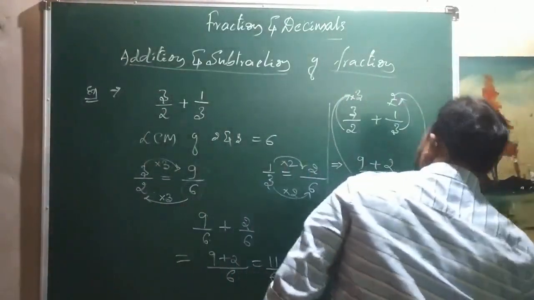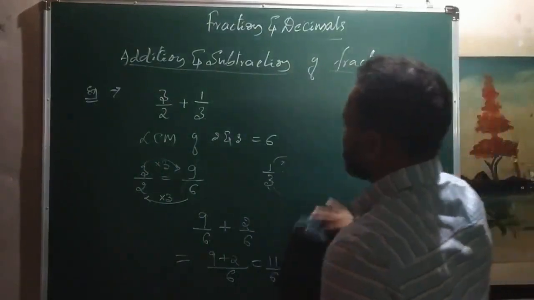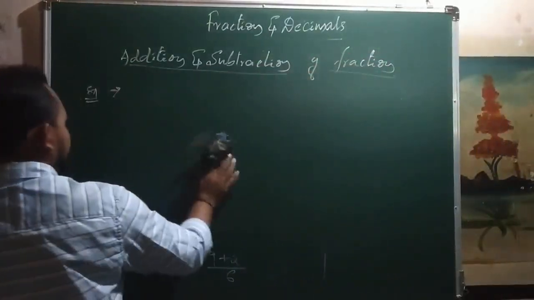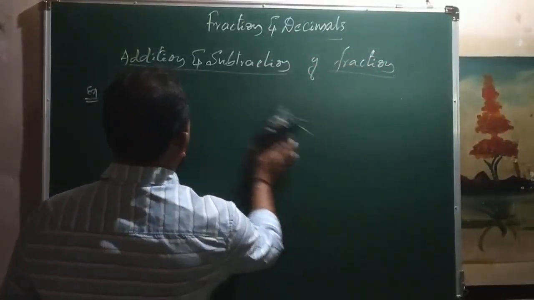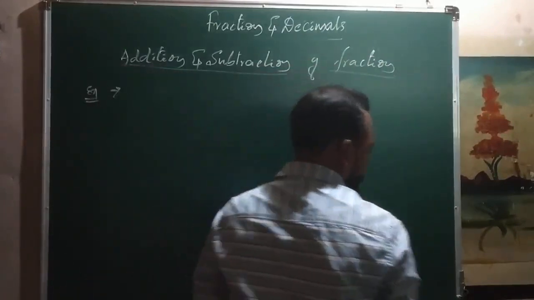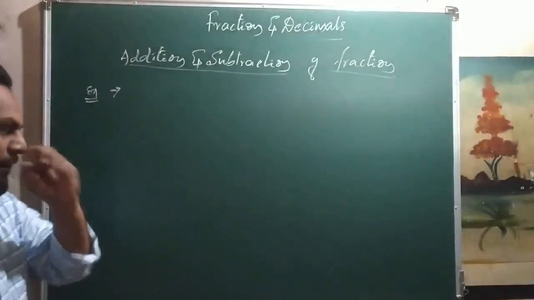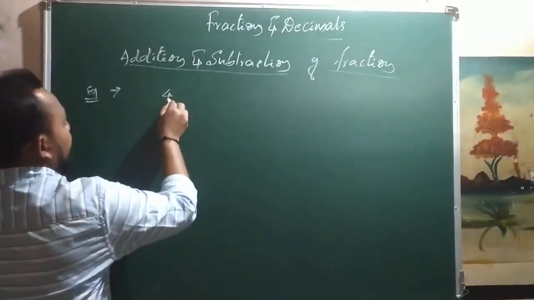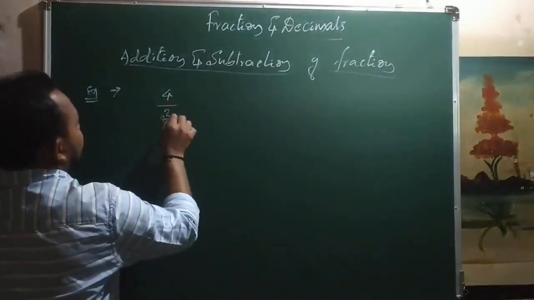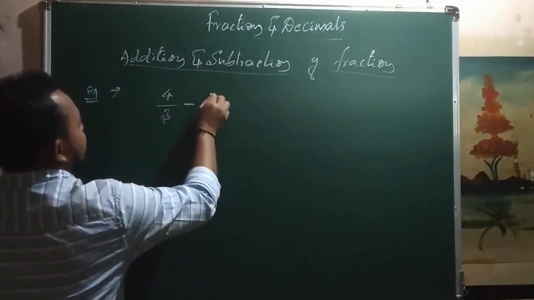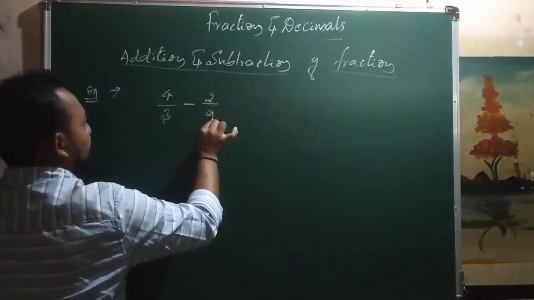Okay. We take one more example. The subtraction of unlike fractions. Okay. Here 4 by 3 minus 2 by 9.